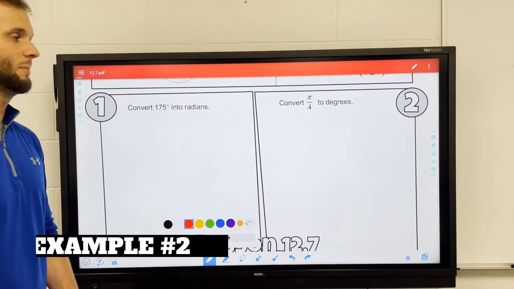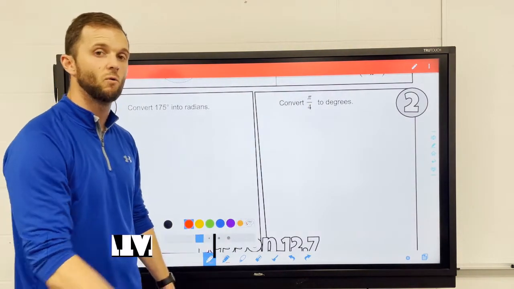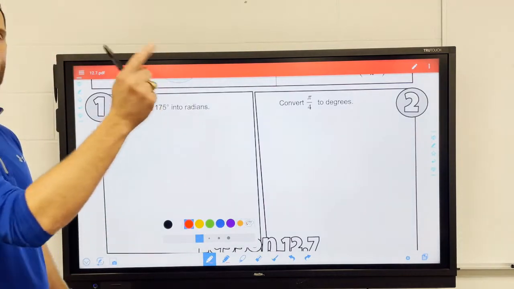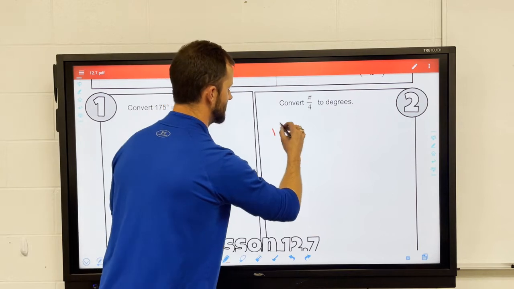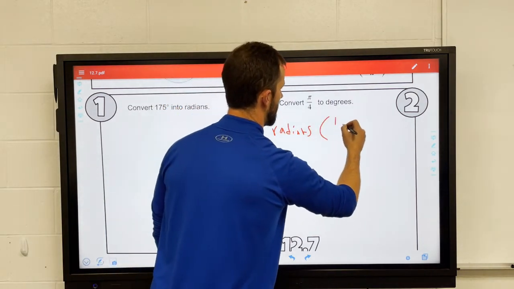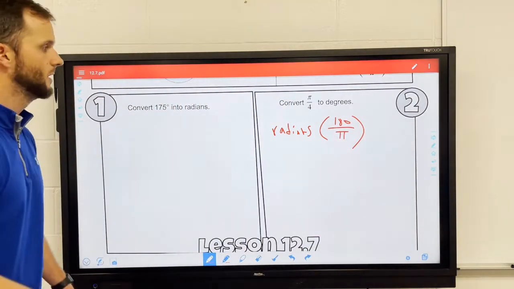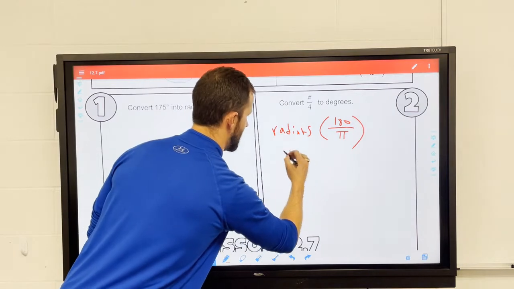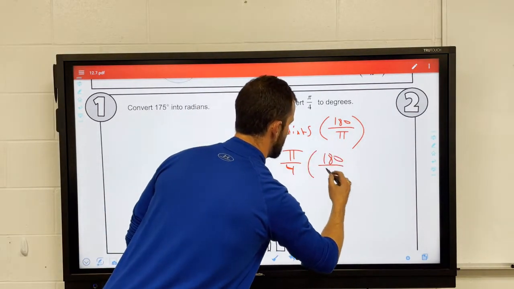On example number 2, I've been given pi over 4 radians, and I need to convert that to degrees. I know if I want to go from radians to degrees, I'm going to take my radians and multiply that by 180 over pi. So my radians is pi over 4, and I'm going to multiply that by 180 over pi.